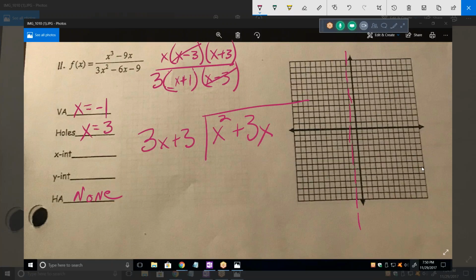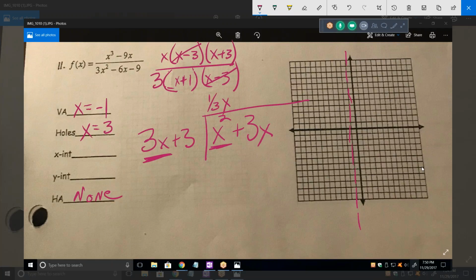So you need to put an x above the 3x. I'm dividing 3x into x squared. It's always the first step when you're doing long division: you take only that and divide it into only that. So what do I get? I get 1/3 x.